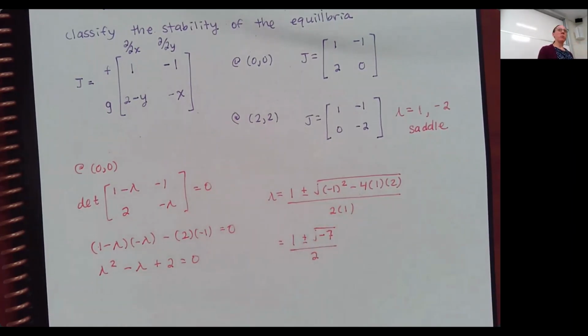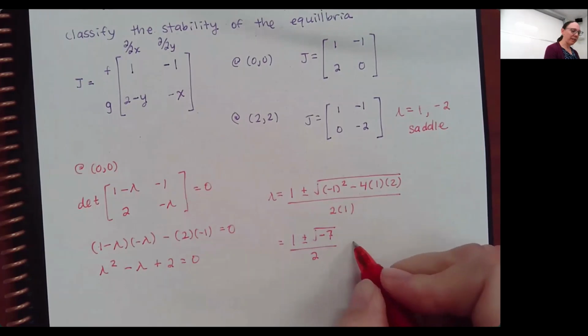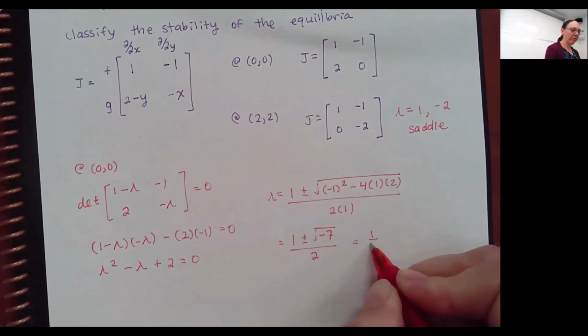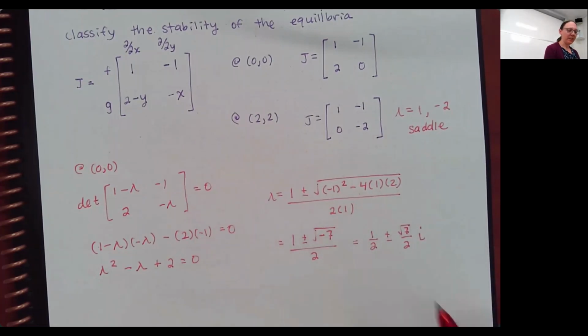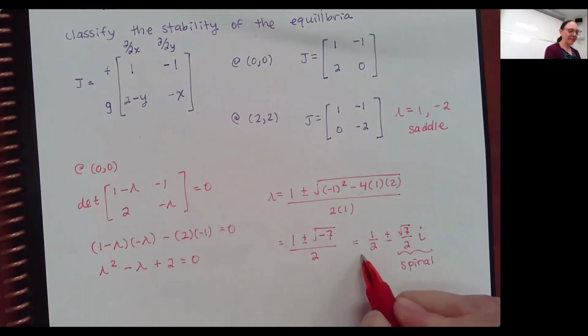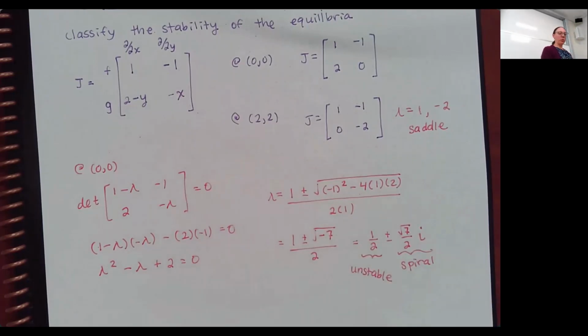So if I rewrite this in its complex form, that's 1/2 plus or minus √7 over 2 i. This is what tells me it's a spiral, because I've got that square root of a negative, and this is what tells me that it's unstable. So the real part of our complex eigenvalue is positive.